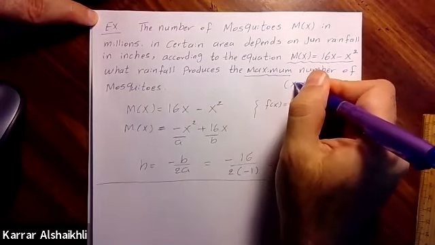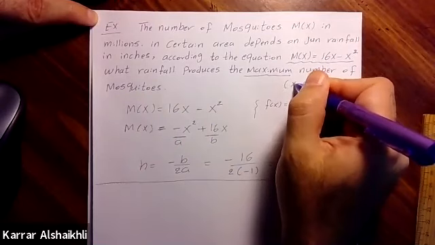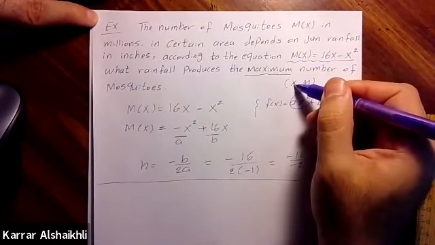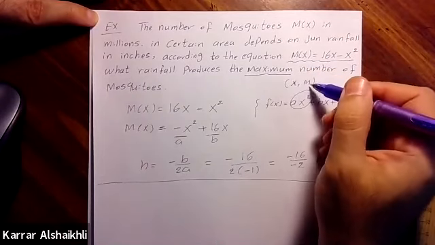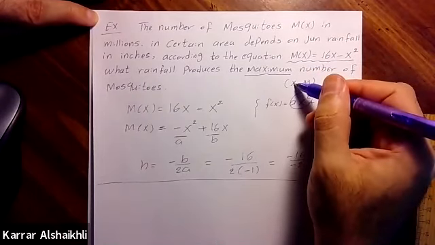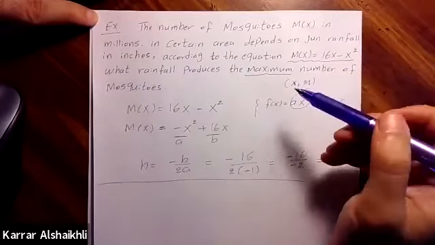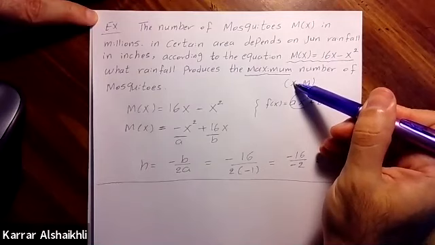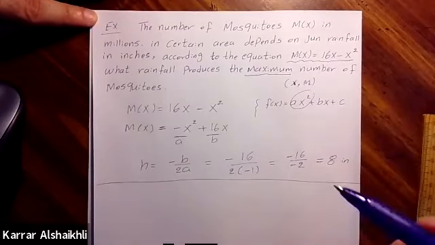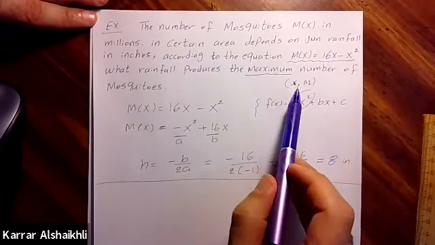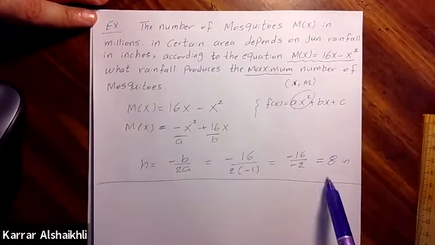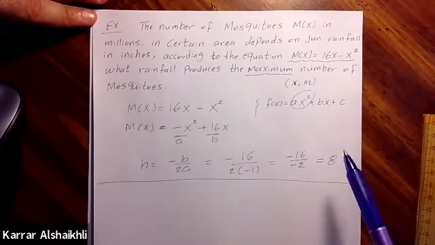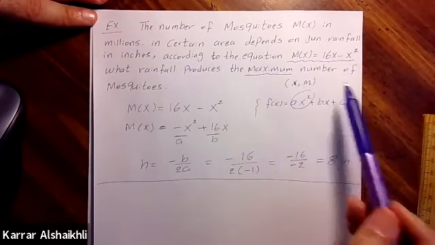That means m is the number of mosquitoes, which is exactly like the k, and this one, x, is going to be the inches or the rainfall. How many inches of rain to get the maximum number of mosquitoes?